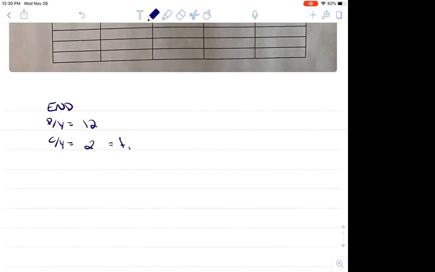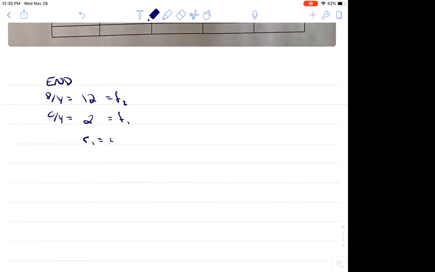This is going to be your F1, and this is going to be your F2. R1 was 5%. So I1 must be R1 over F1, 0.05 divided by 2, 0.025.